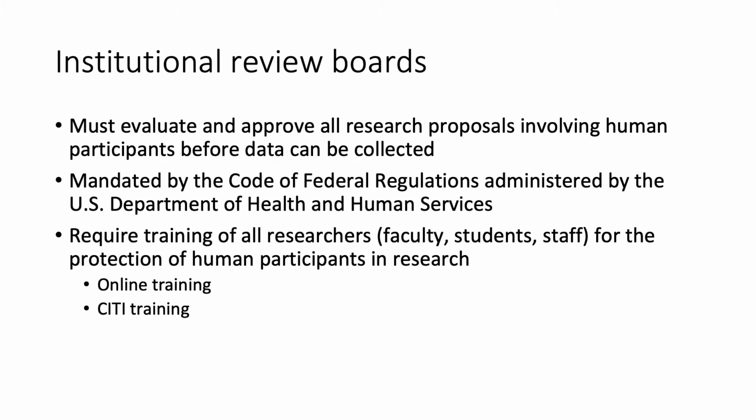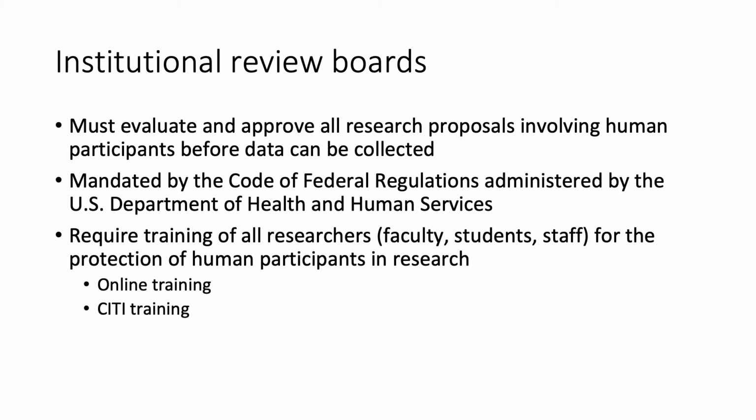As we discussed previously in lectures, in the United States, every college or university, hospital, clinical setting, and research institute at which investigators engage in research on human participants must have an institutional review board, or IRB, which is responsible for reviewing all research proposals involving human participants. The Code of Federal Regulations, which is administered by the U.S. Department of Health and Human Services, mandates the role of the IRB.